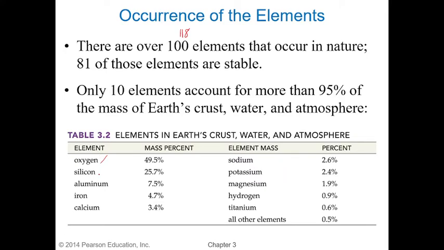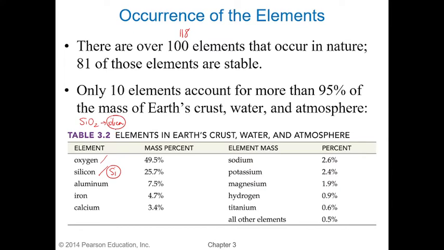Second to that is your silicon. Why silicon? Because silicon, Si, is a component of your rocks. So, silica. Yung rocks kasi natin is SiO2. So, this is silica. And this is the one responsible for the formation of our rocks.